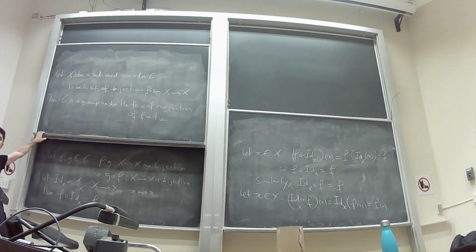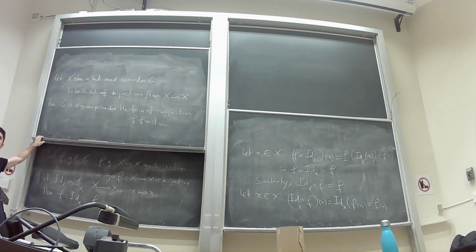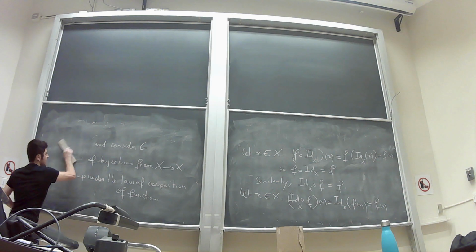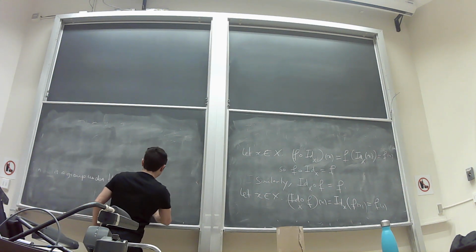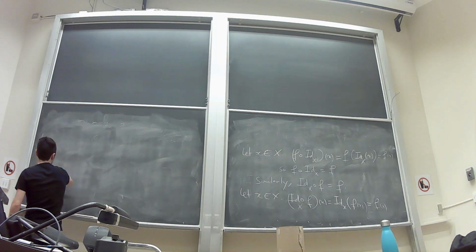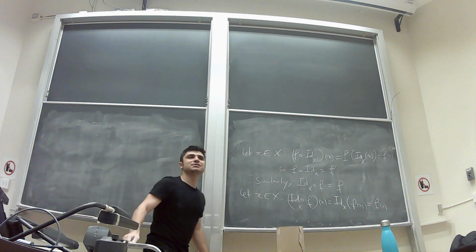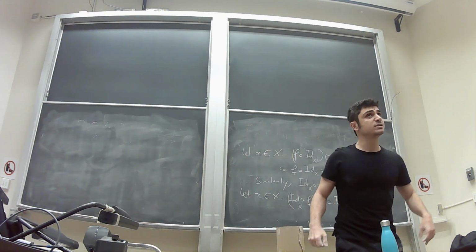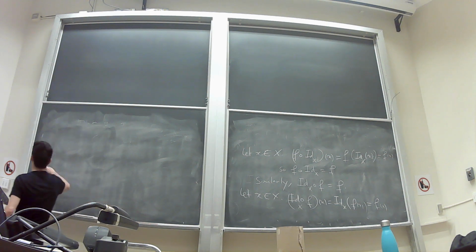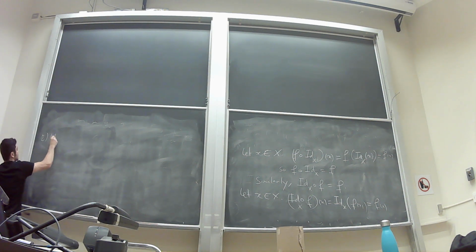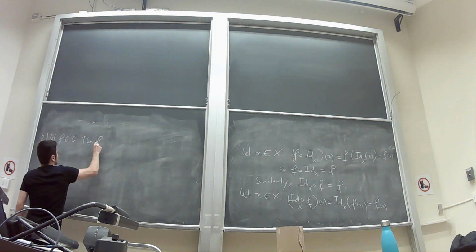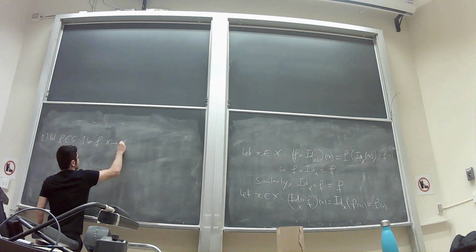Are we good here? Are we following? Great. Now, I need an inverse for f, an inverse for f under the law of composition. Why does that exist? Because a bijective function has an inverse. We've seen this, right? Let f be in G. Then f from X to X is bijective.